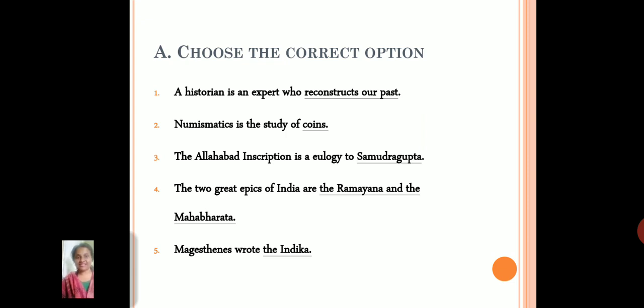Now our answer is reconstructs our past. So how are we going to write the answer? In the blank itself you're going to write the answer, reconstructs our past. RECONSTRUCTS, reconstructs our past. What does the word reconstruct mean?